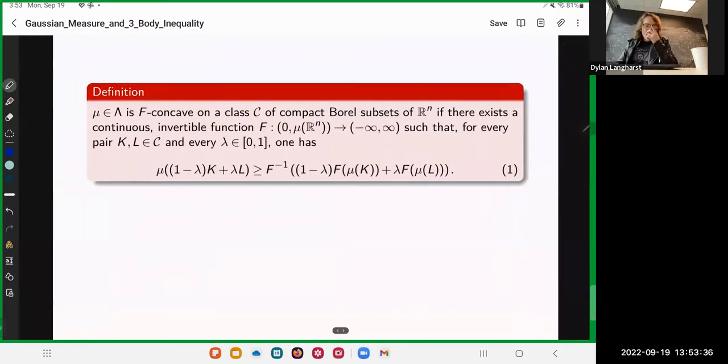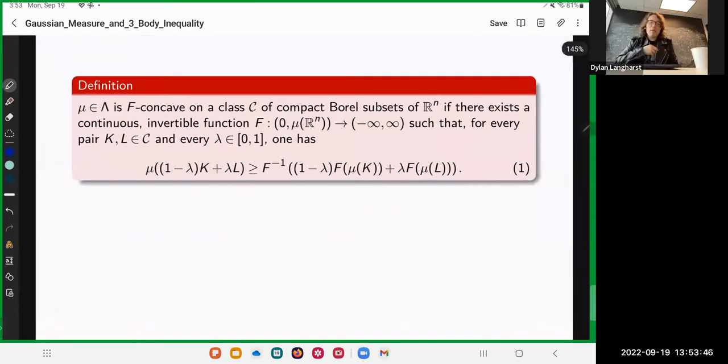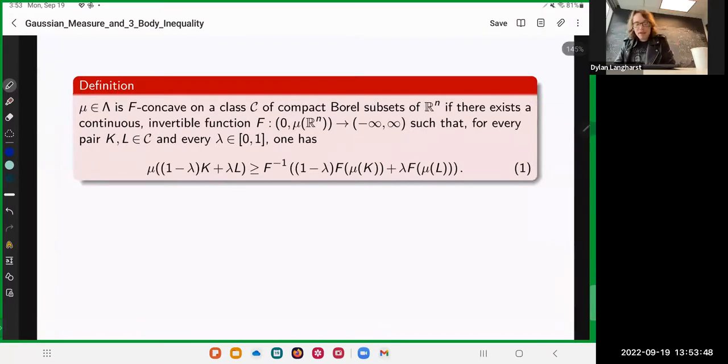We talked a lot about all these inequalities, Brunn-Minkowski and Minkowski's first and second inequality. The generalization of that is F concavity. So I have some Borel measure with density mu. I'm going to say that there exists a class of compact Borel subsets, which we'll call fancy C, where the Minkowski sum makes sense, and all of that class is in the support of mu.